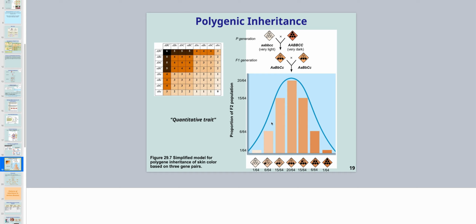There are multiple genes involved in determining the offspring's skin color. And that means, given the same parents, you can have siblings whose skin colors are significantly different from one another.